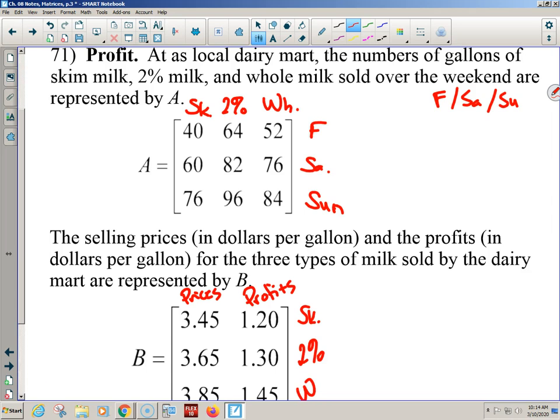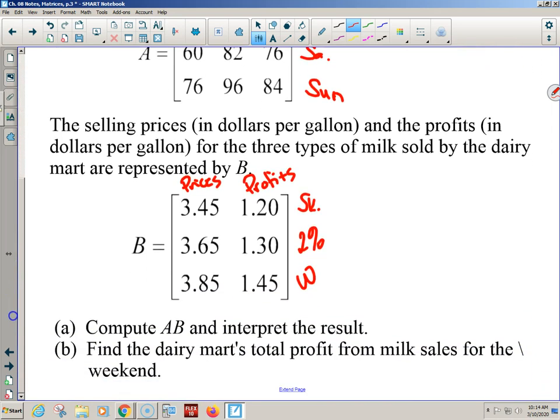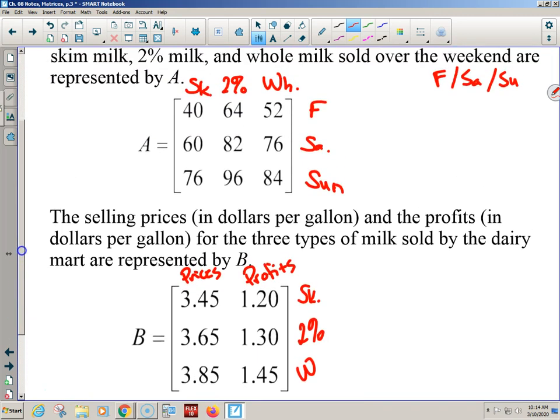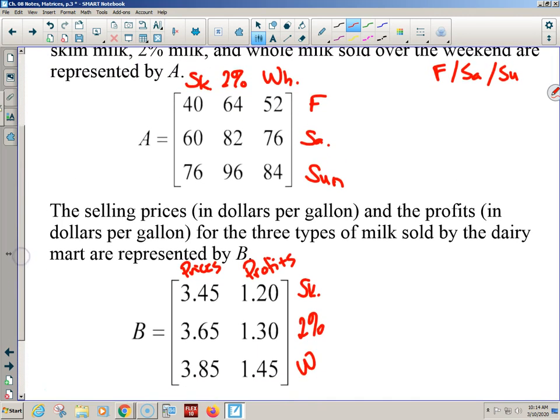Oh, maybe we should keep reading the question. Compute A times B. Oh, we're supposed to be multiplying these 2 guys? How do I know Zway's right, if I now realize I'm supposed to be multiplying the 2? How does multiplication work? Skim.